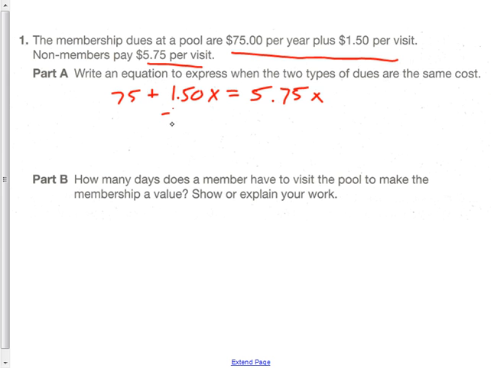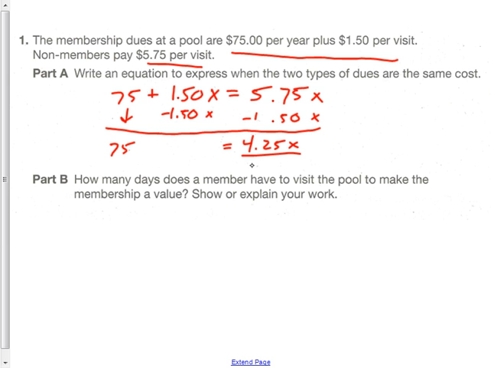So the first thing, let's go ahead and subtract $1.50x on both sides. Okay, and when we do that, we bring our 75 down, and we say that this is equal to 4.25x.